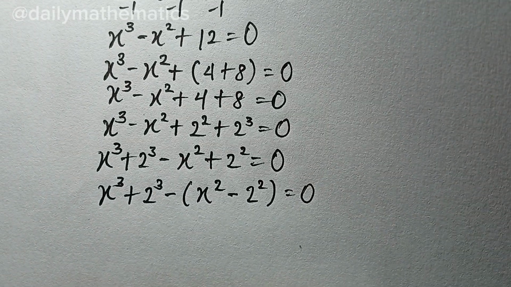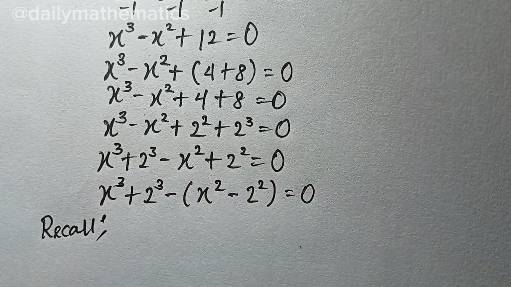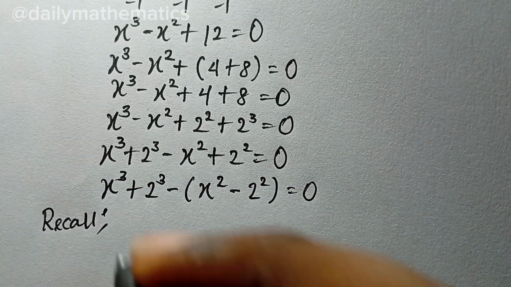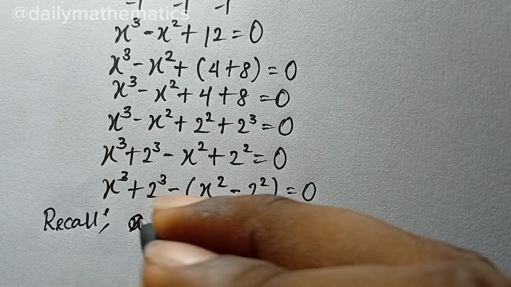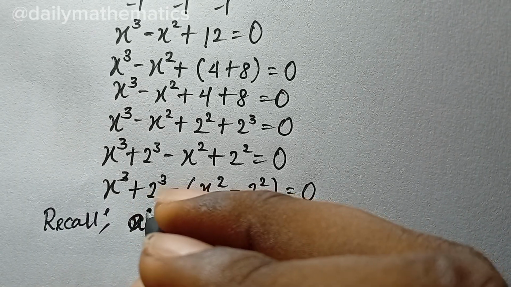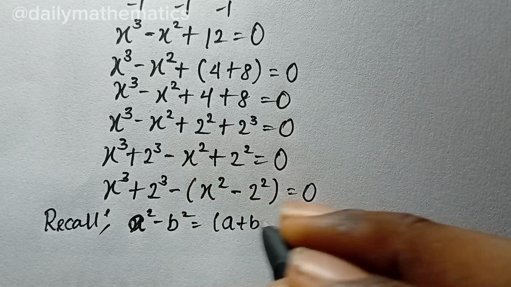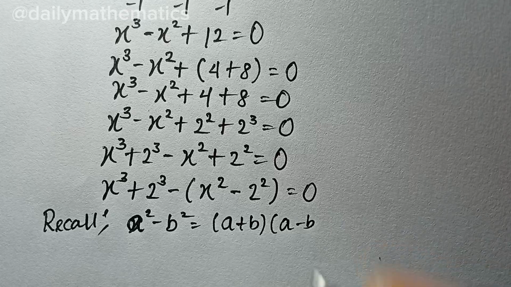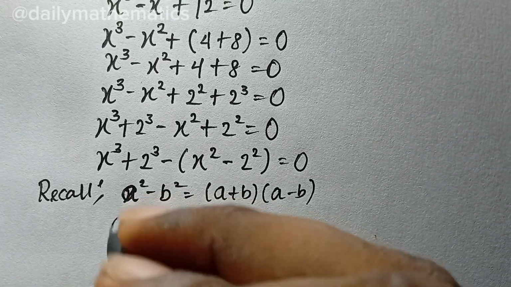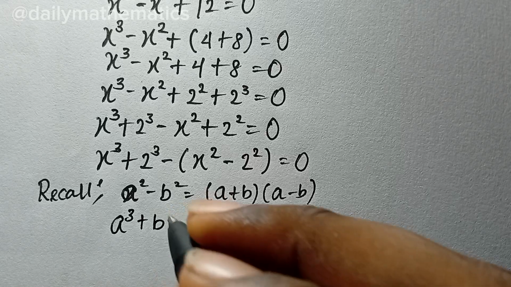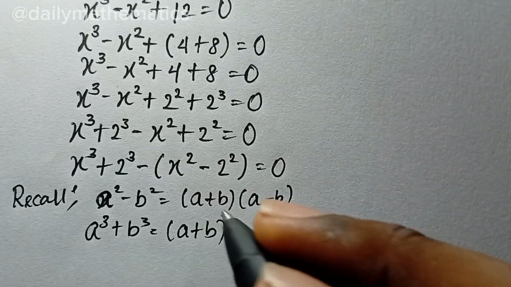From here we can recall in our laws of exponents, let me use the letter a: a squared minus b squared equals a plus b, a minus b. We should also recall that a cubed plus b cubed is a plus b, and then a squared minus ab plus b squared.